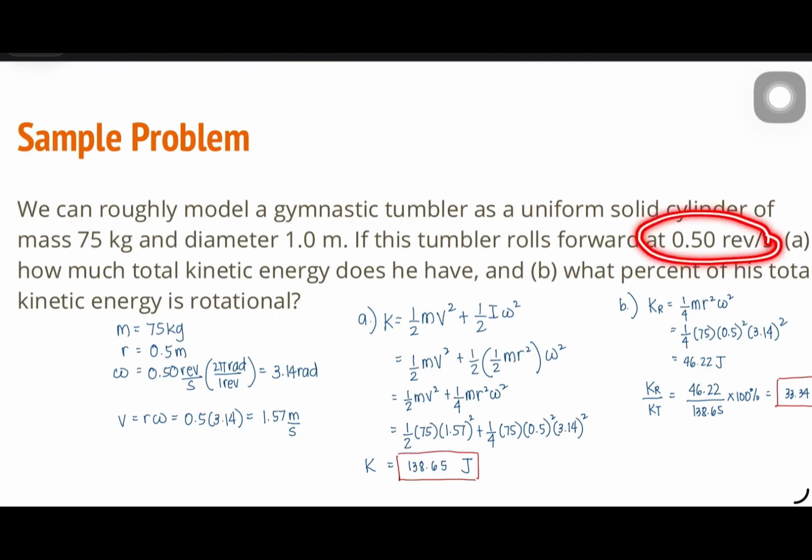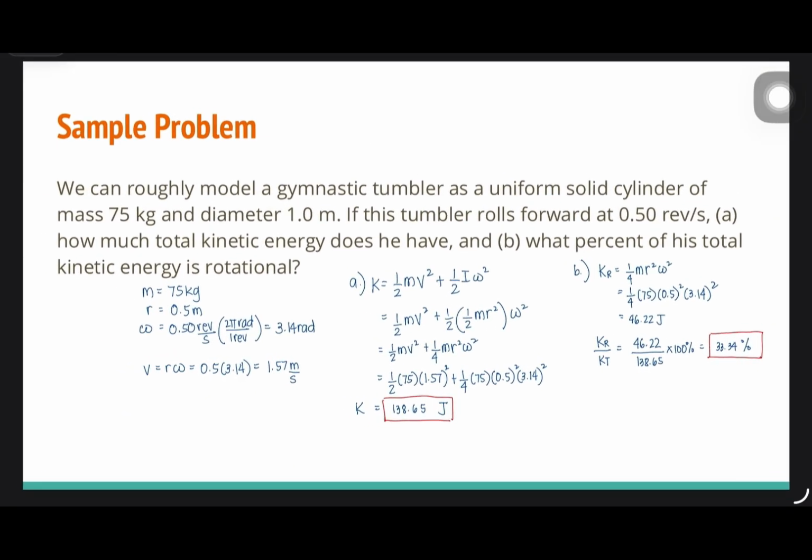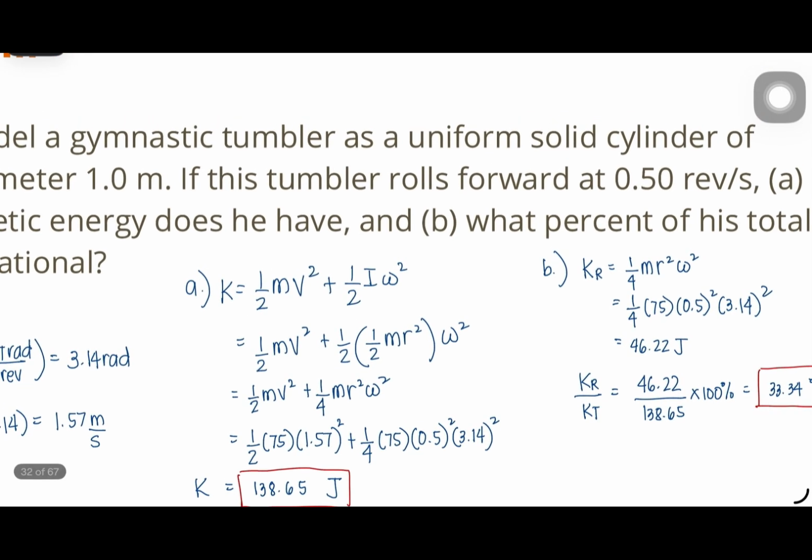Then the given angular speed omega, naka-revolution siya. So, i-convert natin siya to rad. So, 1 revolution is to 2 pi rad. We get 3.14 rad.